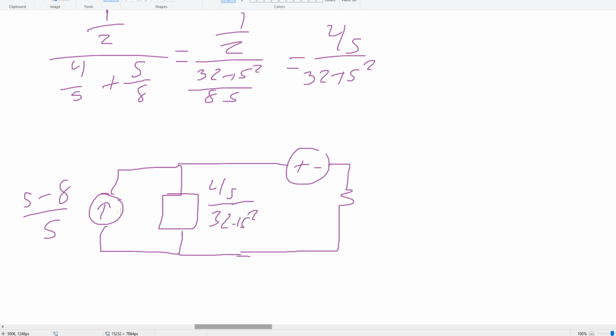This is a current source and an impedance. This is a voltage source and a resistor, right? Well, this is also an impedance now, but whatever, we'll just say that this is a resistor for now. It's an impedance.